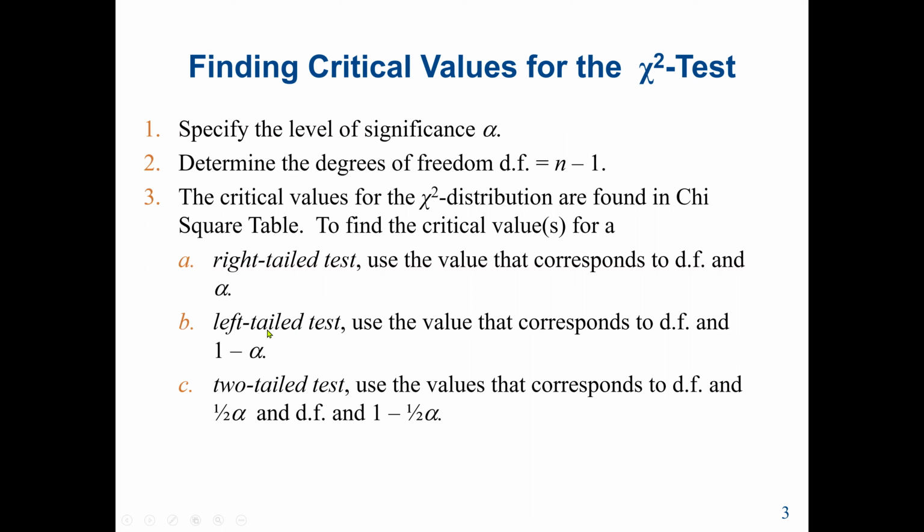Left tail, we use the degree of freedom and 1 minus alpha. With the two tails, that means both left and right, on the left side we have half alpha with the degree of freedom, then 1 minus half alpha on the right with the degree of freedom.